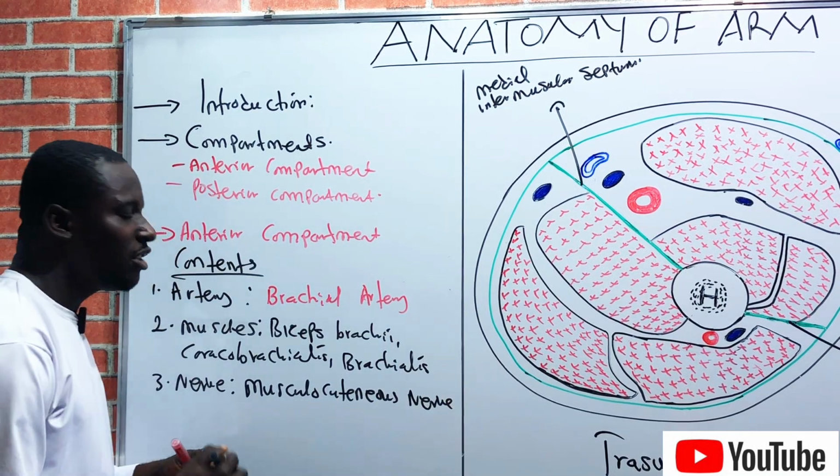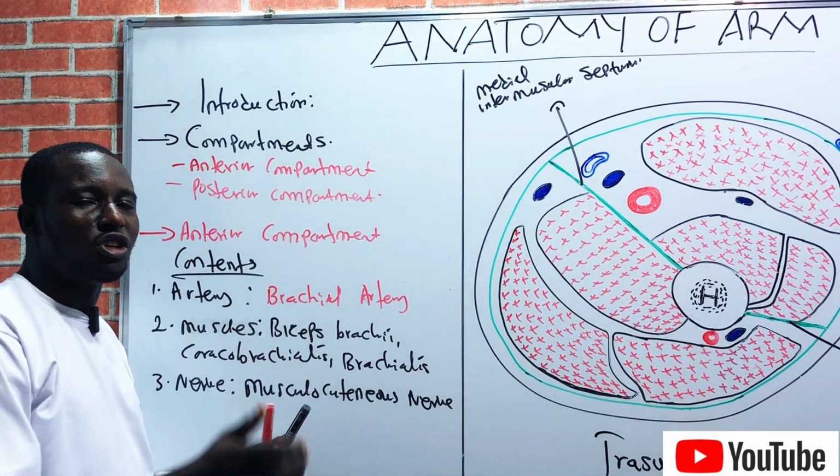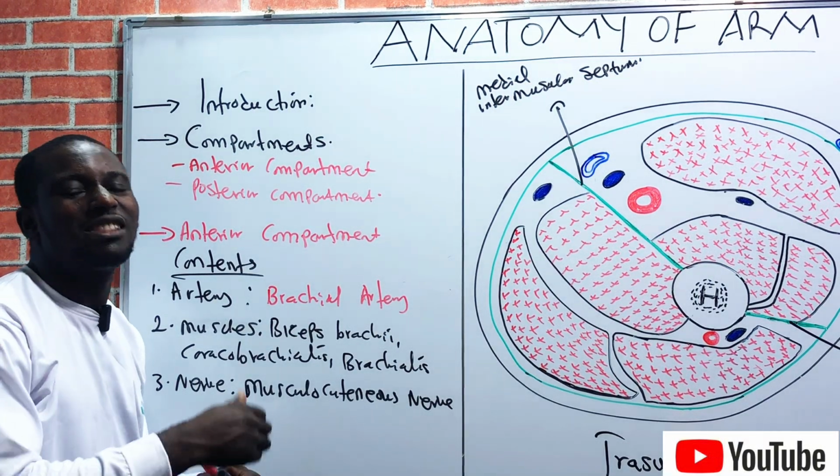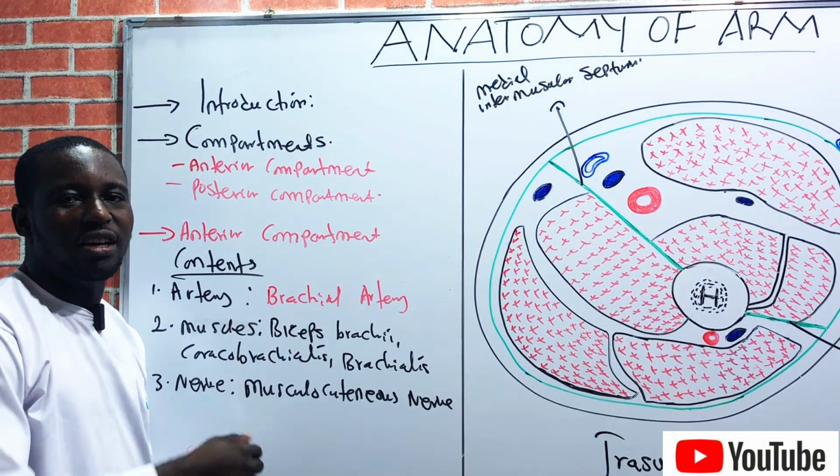But that does not mean that there are not other structures that pass along the anterior compartment of the arm.